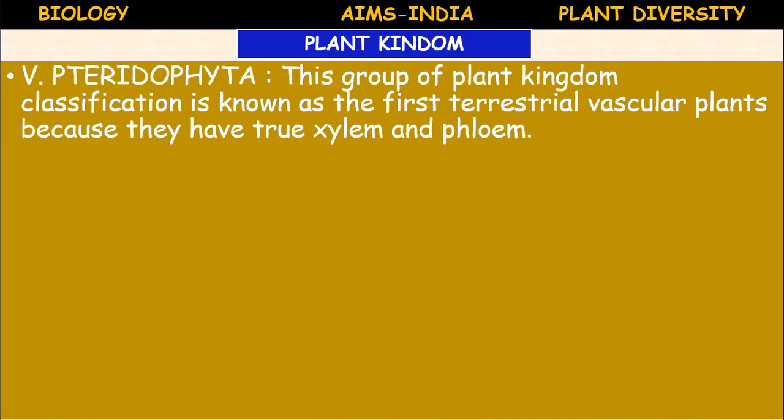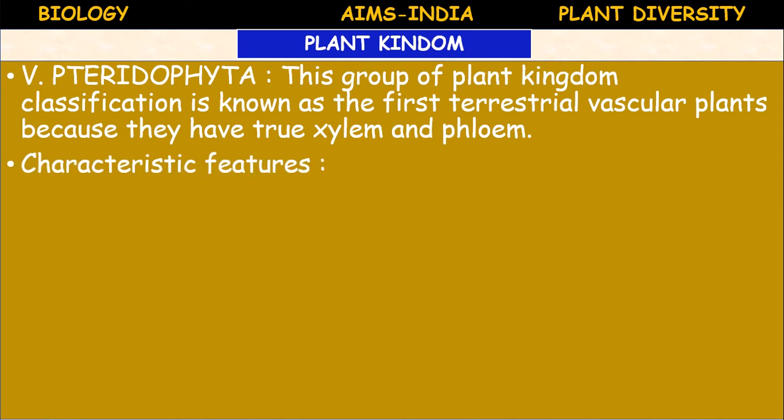Next, Pteridophyta. This is the last category of cryptogams. The Pteridophyta, this group of plant kingdom classification, is known as the first terrestrial vascular plants because they have true xylem and phloem tissues.